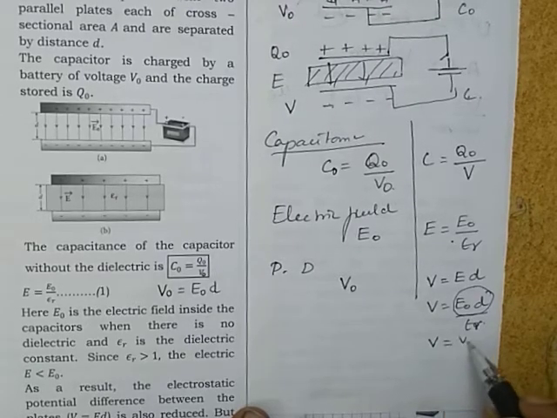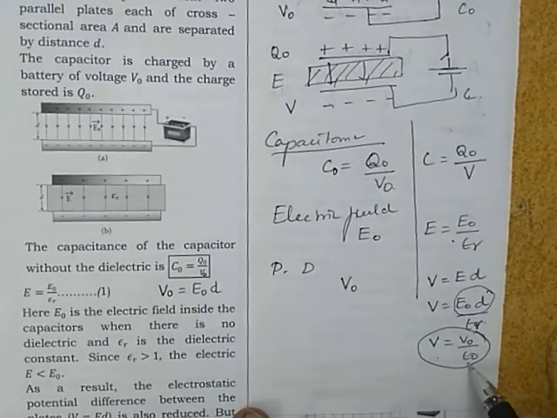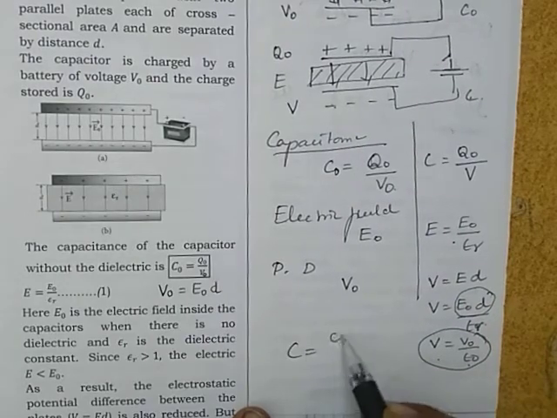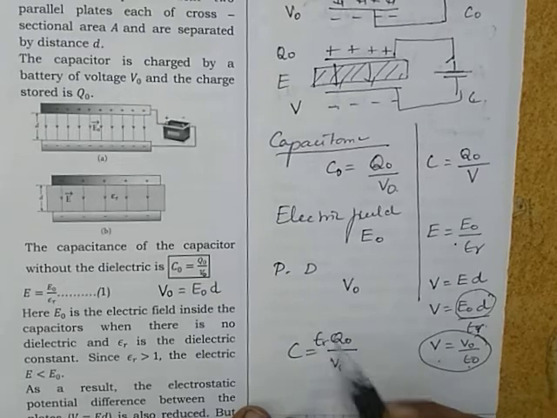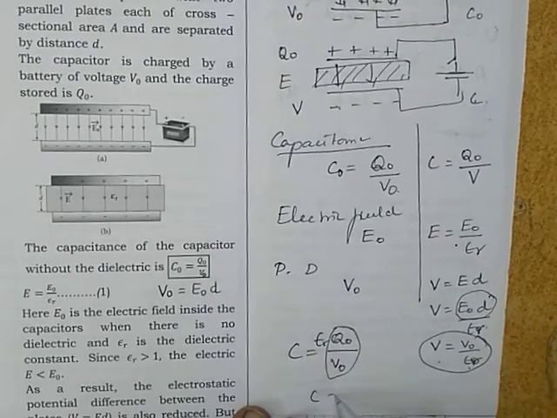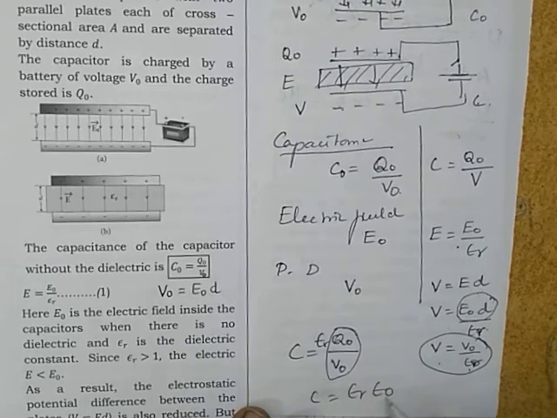Then V is equal to V0 by epsilon r. Then the potential also decreases. Then substituting in this expression, C is equal to Q0 by V, which became Q0 by V0 by epsilon r. This we know, C is equal to epsilon r Q0 by V0, that is epsilon r C0. The capacitance also increases.